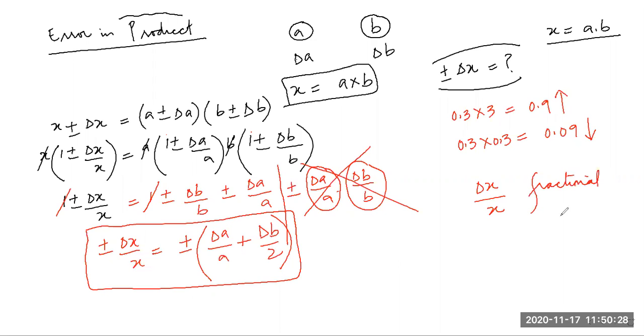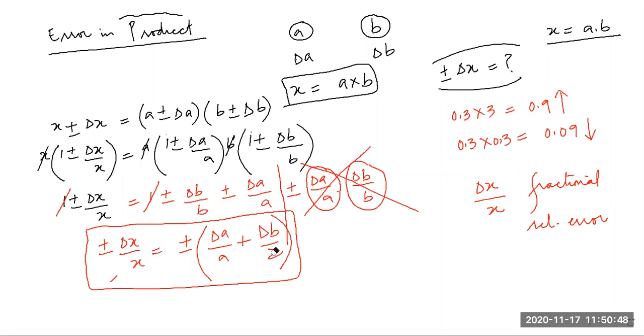This is relative error. So the fractional or relative error in the measurement of the product of two quantities is what? Sorry, I've written Z here. I'm sorry, this is wrong.